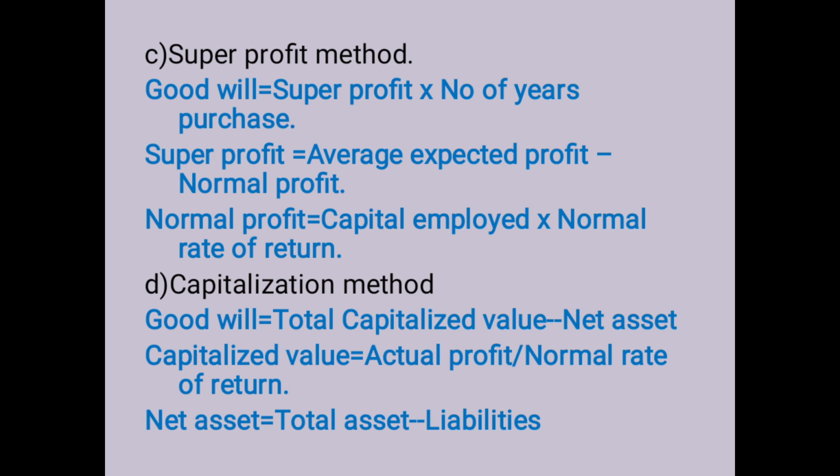The normal rate of return is given at the admission of the partner. The net assets are equal to total assets minus liabilities. So that is how we calculate by the capitalization method. So there are four categories of goodwill treatment.